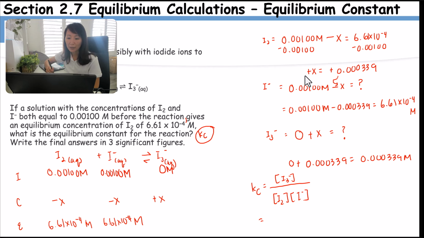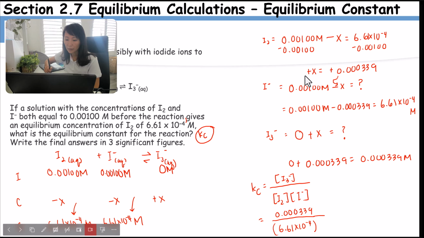For the I3 concentration, we have 0.000339. Then we have the I2, which has the concentration as shown, and I negative over there. So I'm going to write both of those down. And since we have two of them, you can square that, or you can just write them next to each other.